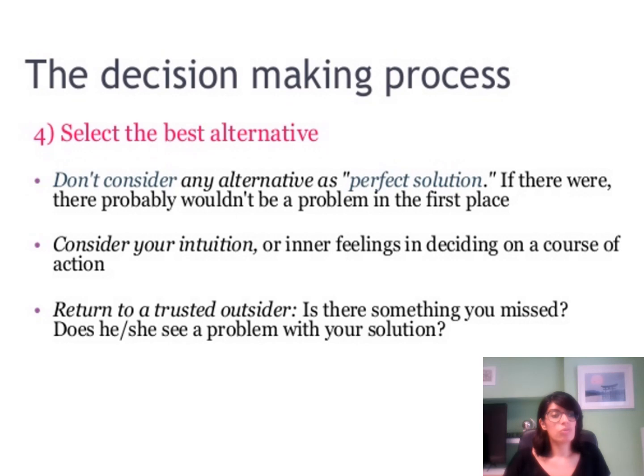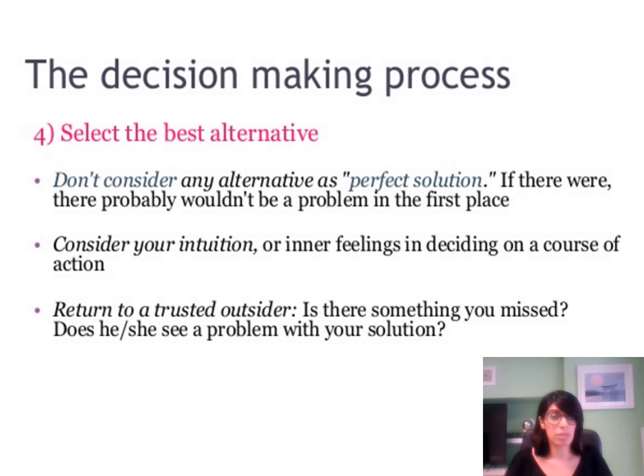Then you would look at providing a solution to this particular decision or problem, and really look at avoiding something as being the perfect solution, because it's likely the perfect solution doesn't actually exist. Maybe if you're struggling between alternatives, you might look at what your gut is telling you.